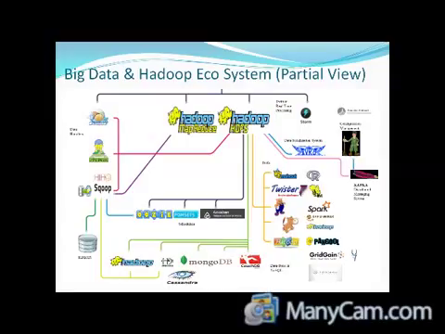This is a partial view of the big data and Hadoop ecosystem. So down here, that's where you may have some of the legacy RDBMS systems, and we aid customers in incorporating RDBMS into a big data environment. Depending on the project you're working on, you may or may not use Hadoop.